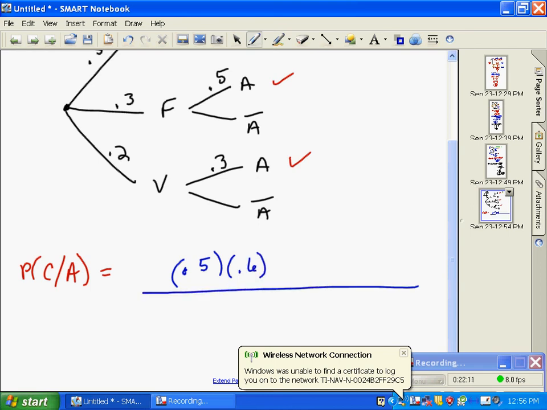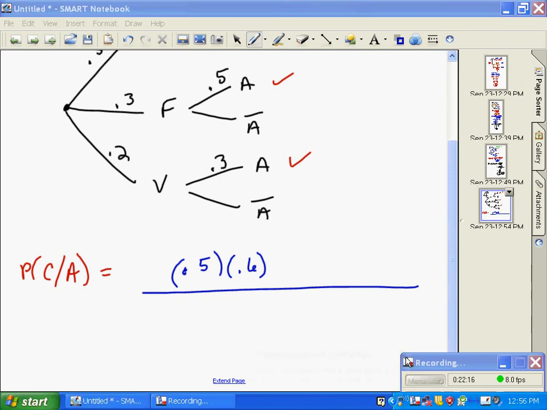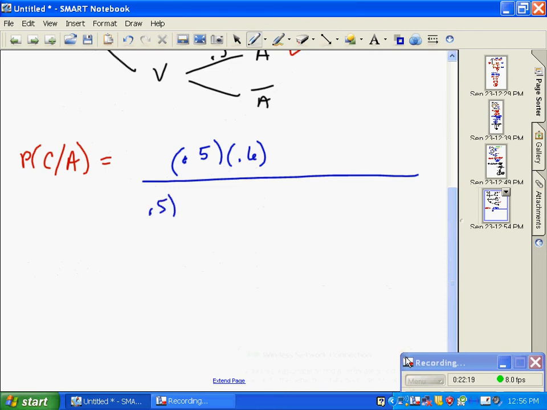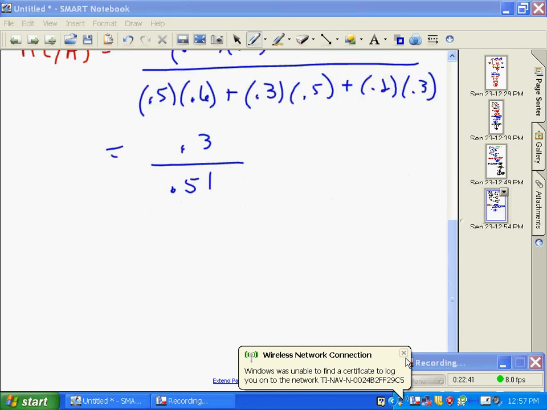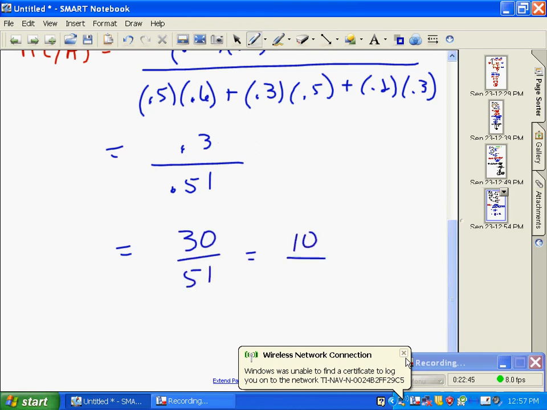That is my C intersect A. In my denominator, it's all ways of getting an A as my end result: 0.5 times 0.6, 0.3 times 0.5, and then 0.2 times 0.3. So what I get here is a final answer of 0.3 divided by 0.51. Now be very careful when you're simplifying this. That is 30 over 51, which reduces down to 10 over 17.